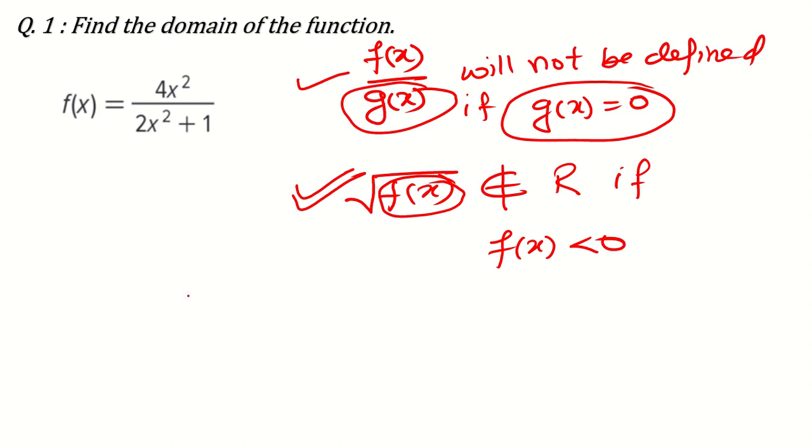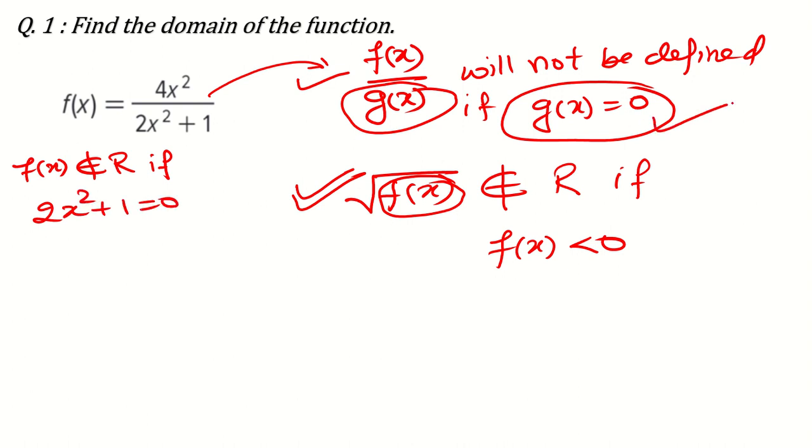For example, in this case, this is a rational type function, because there is no square root sign. So this is matching the first form. This function f(x) will not be defined, or will not be real, if 2x² + 1 is equal to 0. That's what I told you here. Now, 2x² + 1 = 0 means 2x² = -1, which means x² = -1/2.